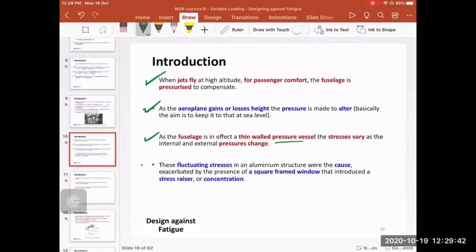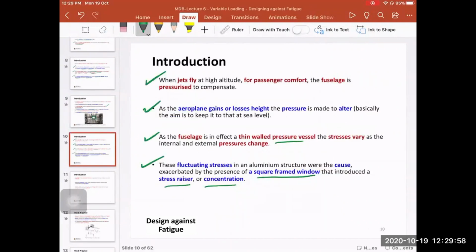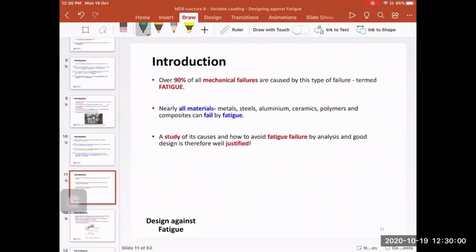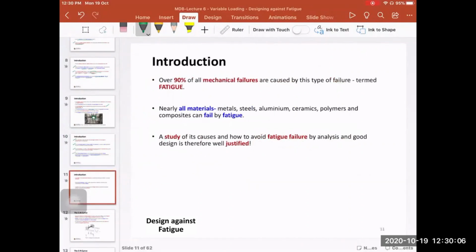So these fluctuating stresses, along with the square-framed window, have introduced stress risers or stress concentration, or magnified the stresses, and hence this crack starts to propagate, and you can imagine lots of failures have happened, and the loss of lives, etc.